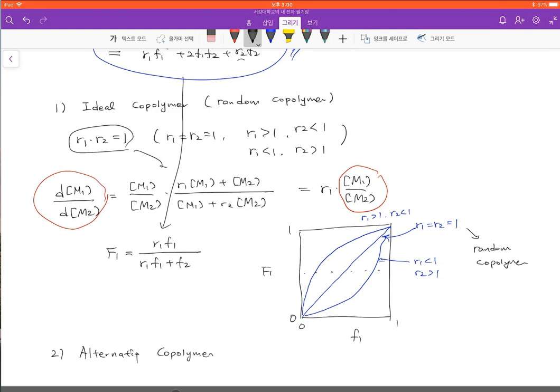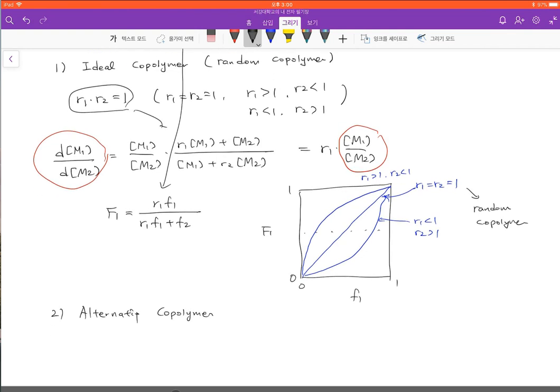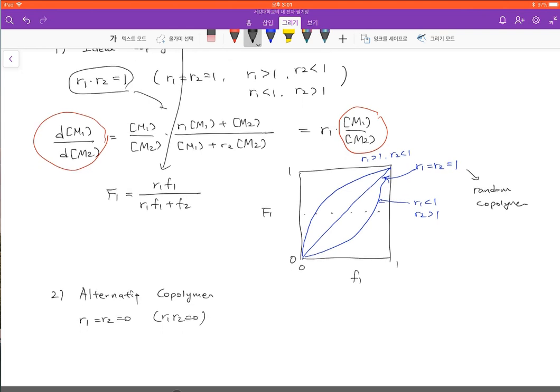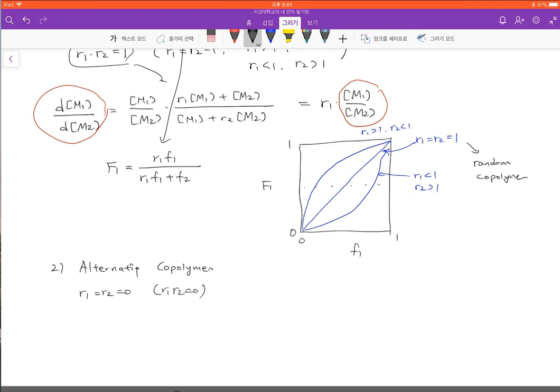Okay, how about other cases? Alternating copolymer. We have already seen that when one of R1 or R2 is 0, then we'll have an alternating copolymer. If both of them are 0, we have perfect alternation.